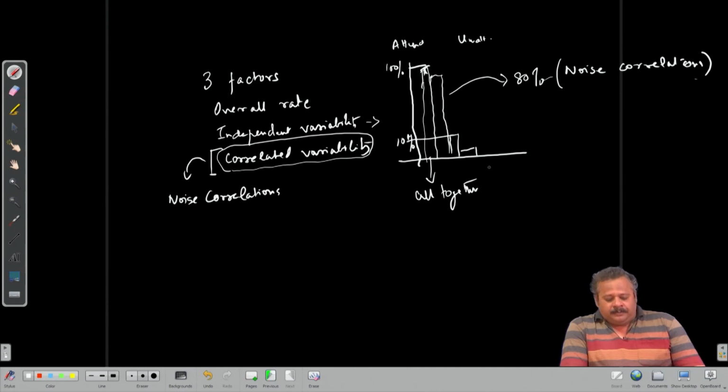In the case of the ferret, the study that we had discussed earlier, we were looking at only receptive field changes, which is akin to what the rate changes are going to be. It did not take into account how two neurons together were changing their responses during that task, or how an entire population of neurons together were changing their responses, and what is the relationship between them.